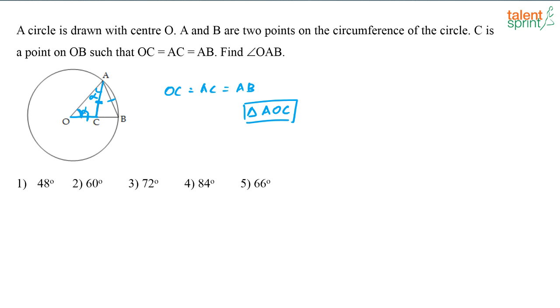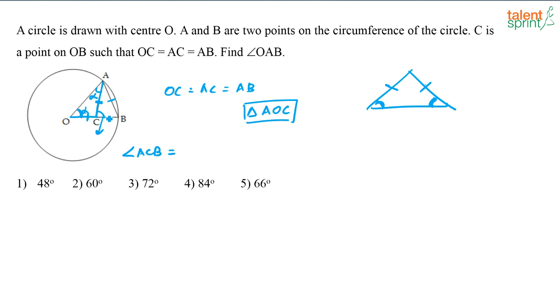So if you have a triangle where two sides are equal, then the opposite angles, the angles other than the angle contained by the two sides, will also be the same. So if this is alpha, this is also alpha. Now if this angle is alpha and this angle is alpha, what can I say about angle ACB?